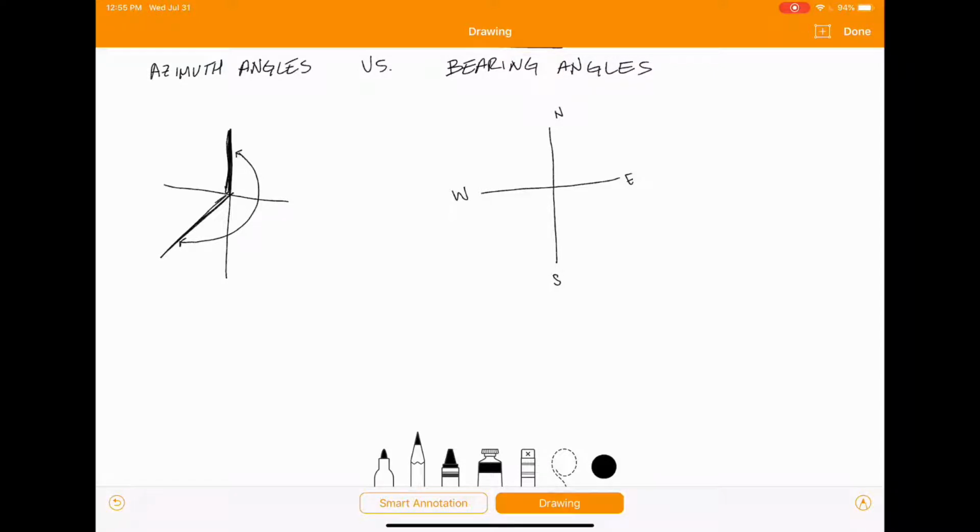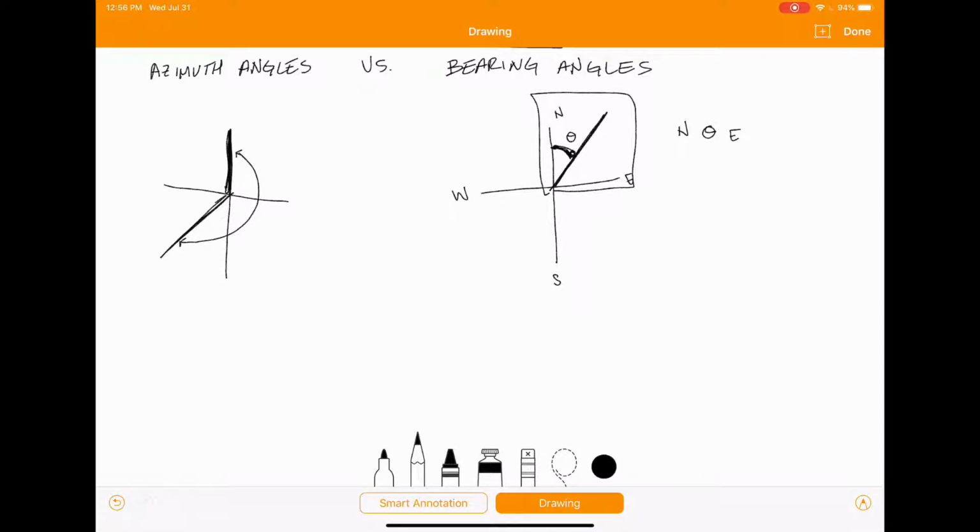So if we had this angle here, you always start at the north or south and then go over to the angle. And so whatever this theta is here, you would denote it with a north and east because it's in the northeast quadrant. Again, you always measure from the north side over to that angle.